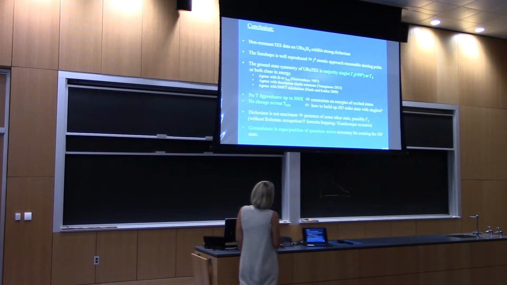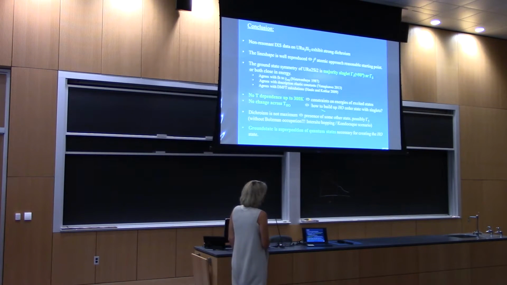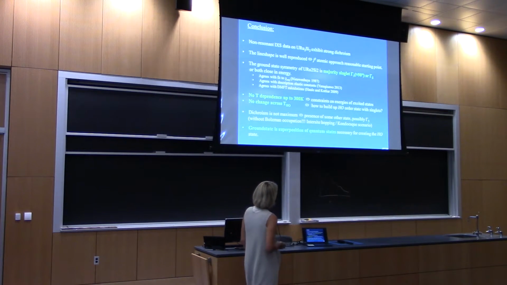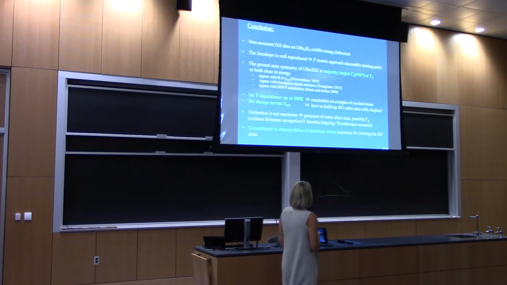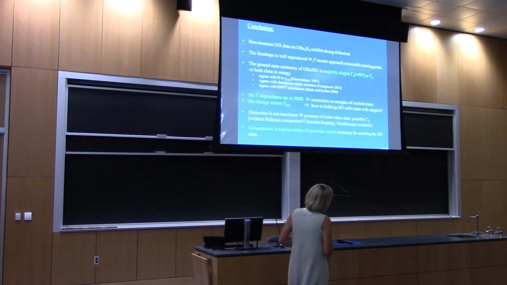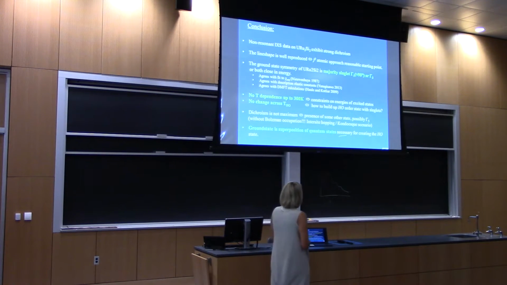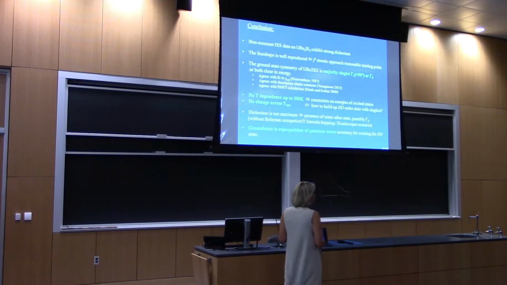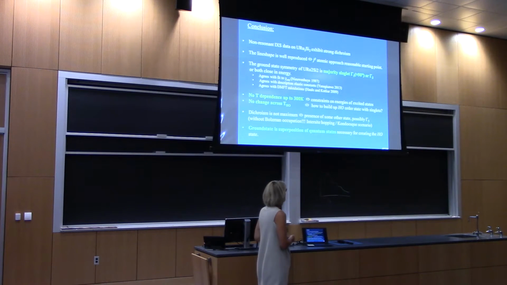We did not observe any T dependence up to 300 Kelvin, which puts constraints onto the excited states. We don't see any change across the hidden order transition. And in order to build up the hidden order state with singlets, which might be difficult, our new data do allow the possibility to build up the hidden order state from a ground state which is a composition of quantum states. And with this, I would like to thank you for your attention.